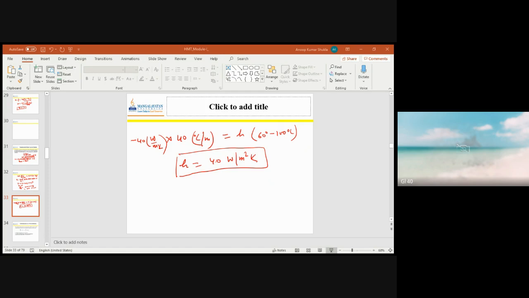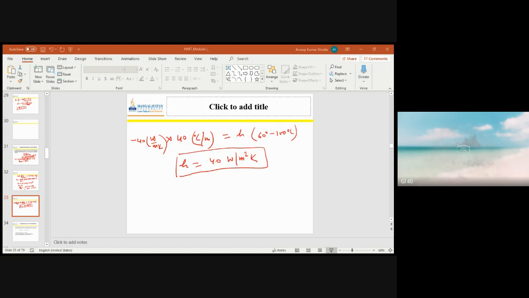And when we remove this proportionality, the constant sigma is placed, also called the Stefan-Boltzmann constant, that has the value of 5.67 into 10 to power minus 8 watt per meter square Kelvin raised to power 4. When we take a real surface, not a black surface, the heat flux emitted by a real surface is always less than the heat emitted by the black surface.